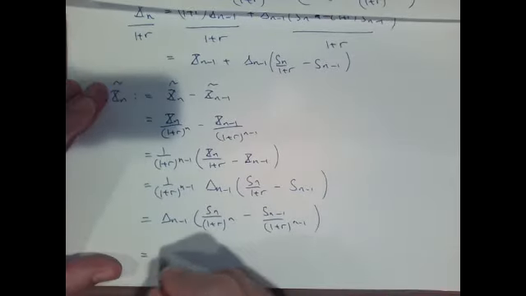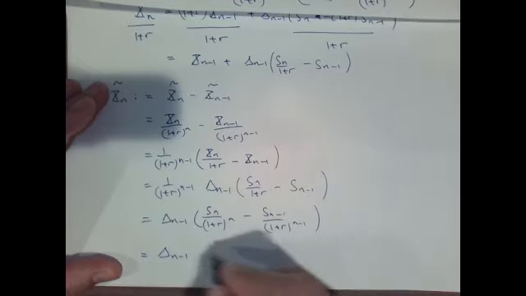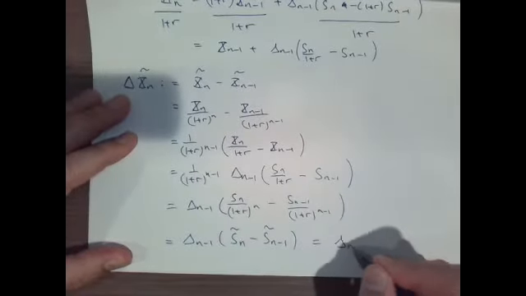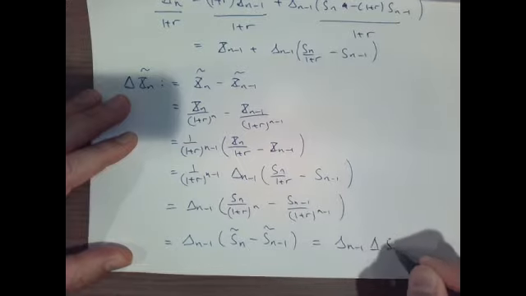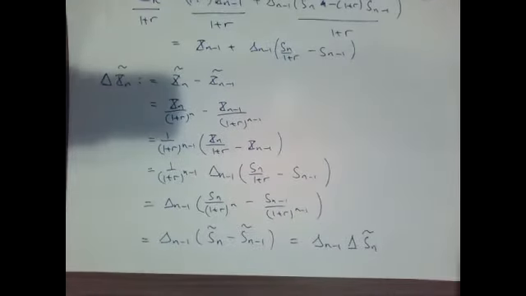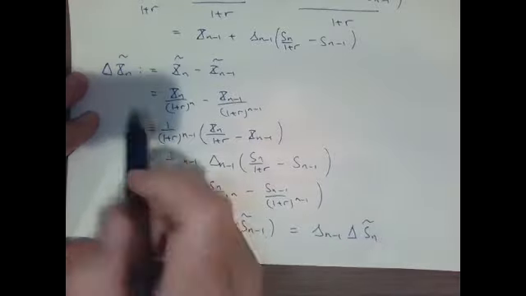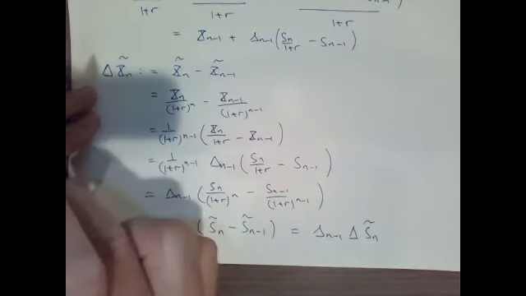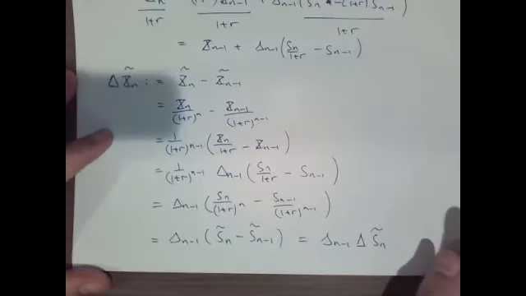And I'm good because this is exactly delta n minus 1 times Sn tilde minus Sn tilde minus 1. This is exactly delta n minus 1 delta Sn tilde. So this is the dynamics of the discounted wealth process.